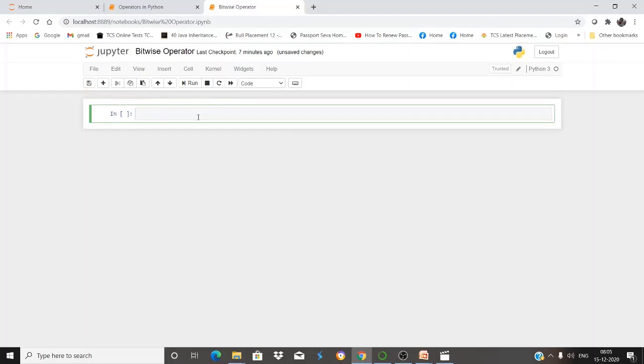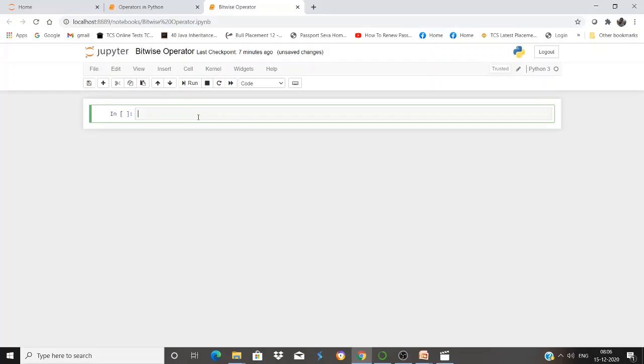So the first operator is the bitwise complement or bitwise NOT operator. As discussed in the slide, the bitwise complement operator flips each and every bit of the binary representation. We will discuss in detail how this actually happens, but before that let me tell you the one-liner formula with which you can easily find the result when you apply the bitwise complement operator on a particular decimal number.